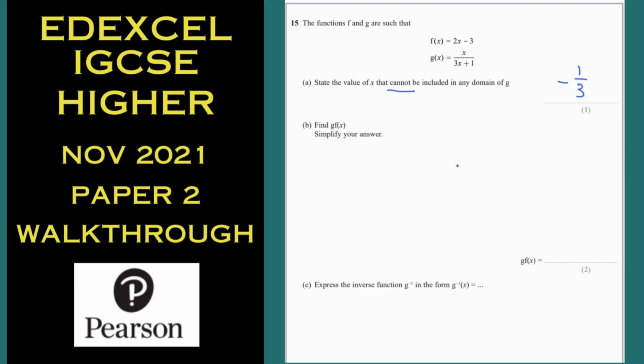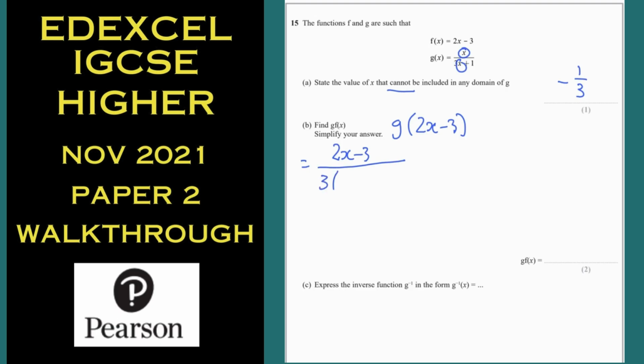Part B, compound functions, in other words, posh substitution. You are attempting to put the formula for f into the formula for g. And as you can see, that means it goes into 2 places. It goes into the numerator, replace the x with the f of x, and on the bottom, there's more to it.